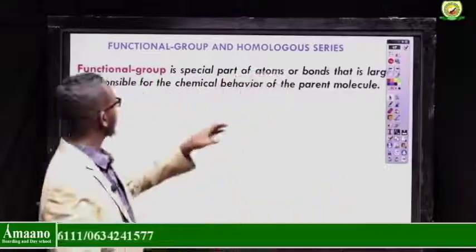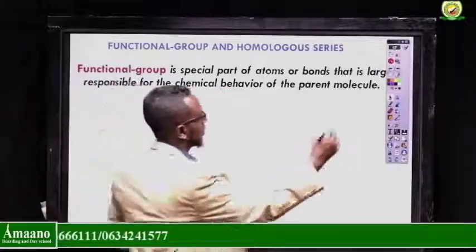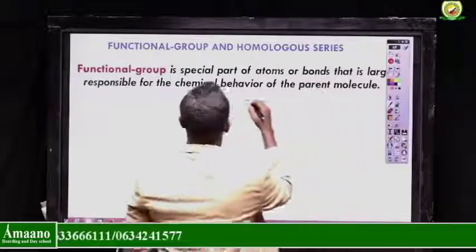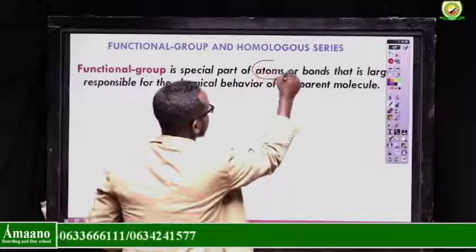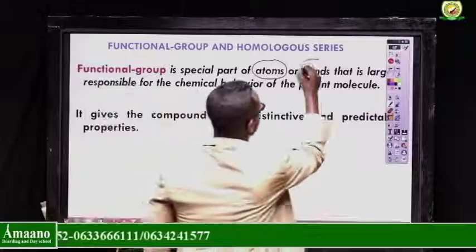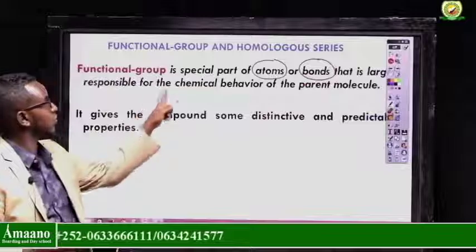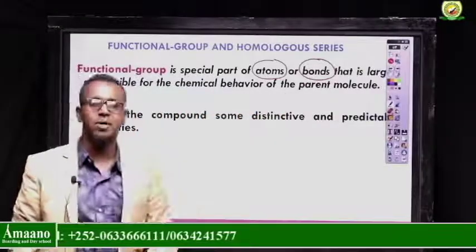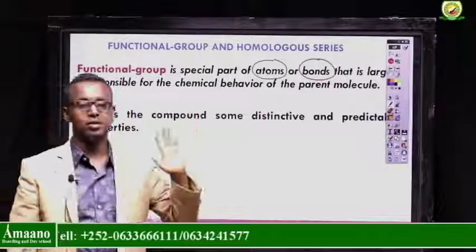So a functional group is a special part of the atoms. It can be atoms or bonds that is largely responsible for the chemical properties of the parent molecule. This is very important, this functional group.